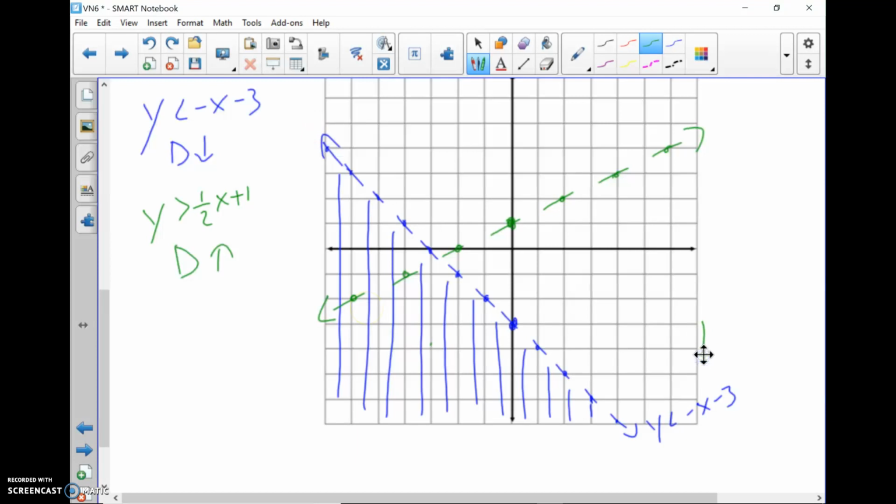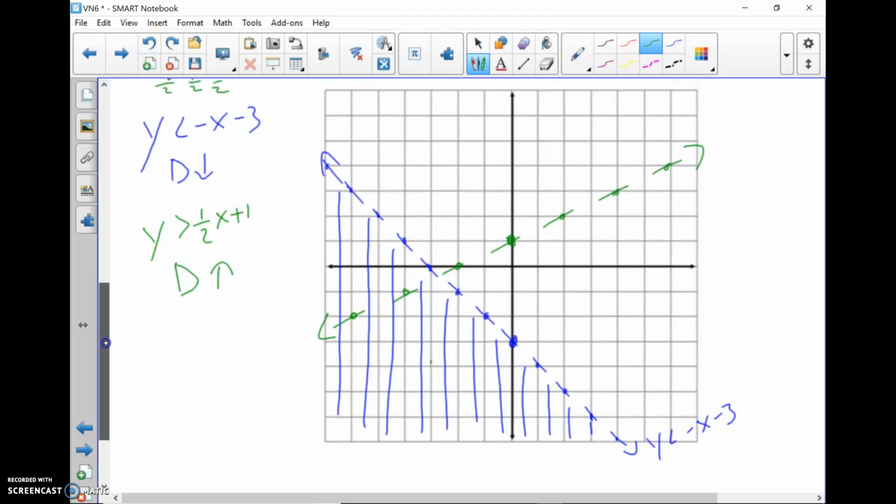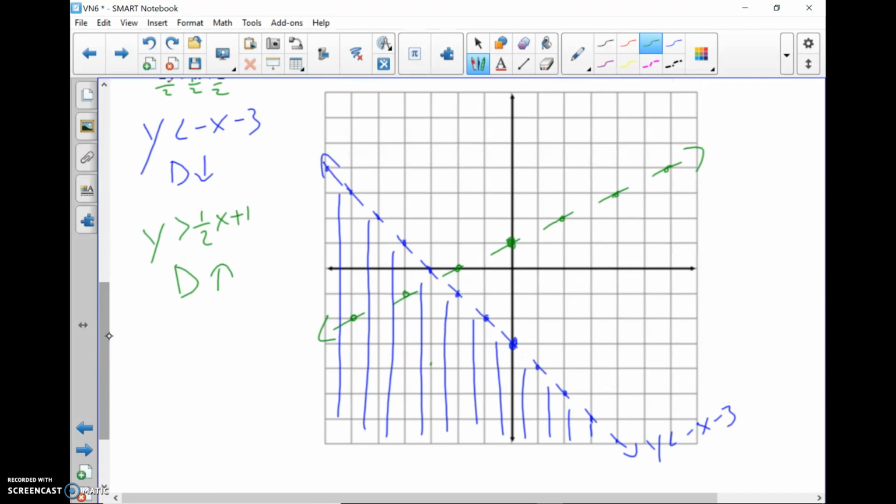Now this is one where I'd probably like to draw vertical lines, but I'm not going to because I already did that. So instead I'll do diagonal lines like that. That's greater than. And this one has a small shaded region. It's just over here. But nothing on the dotted lines, only the points in this region will work, and not where they cross because they're both dotted lines.